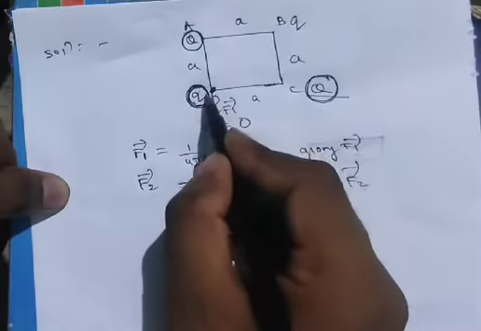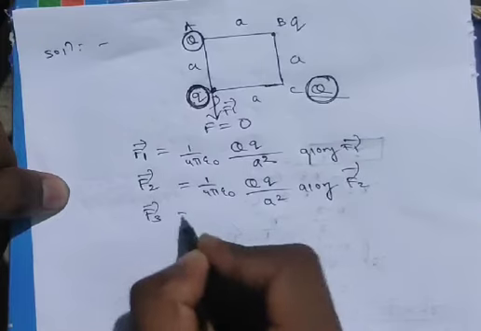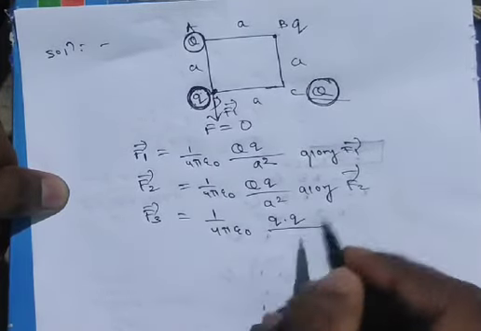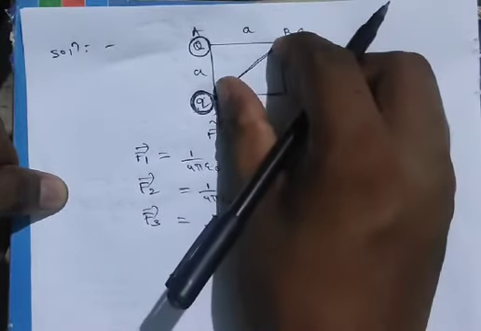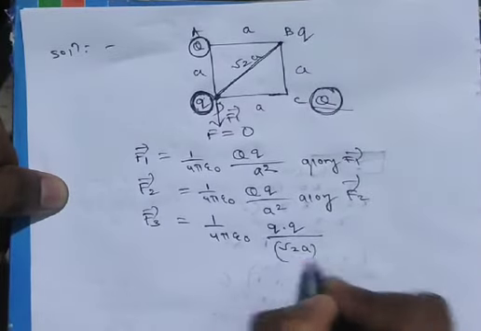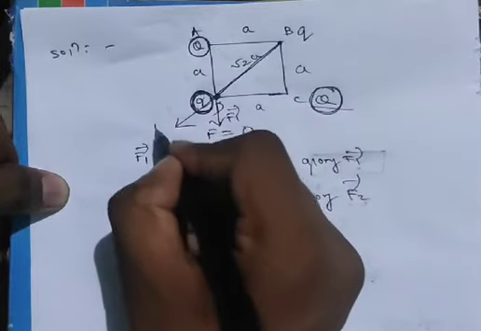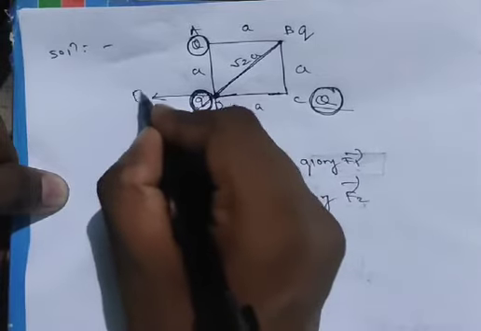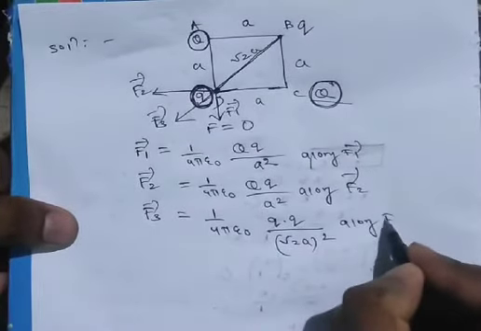Now I shall calculate the force on small q due to small q. That will be F3, 1 by 4 pi epsilon q square by the distance squared. This distance is root 2 a, so it is root 2 a whole square, and it will be directed along F3.